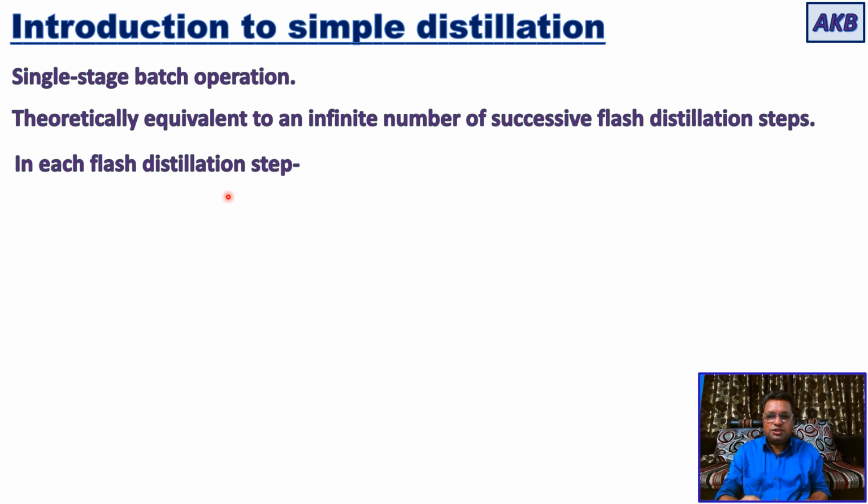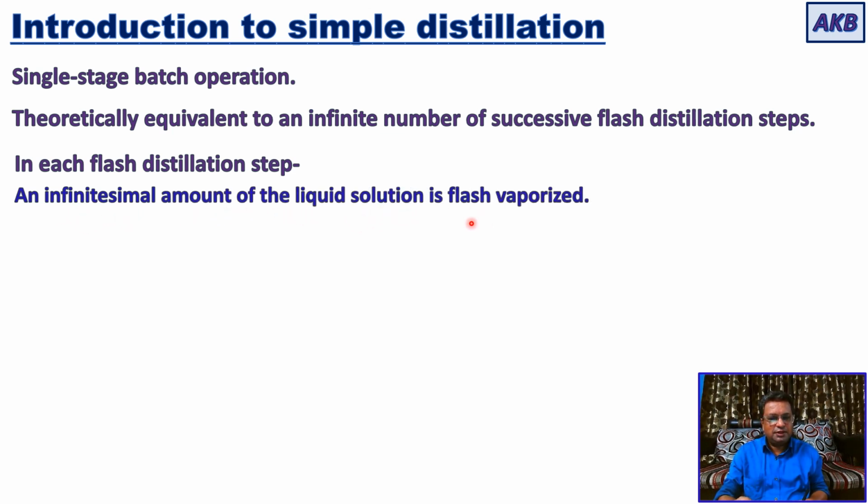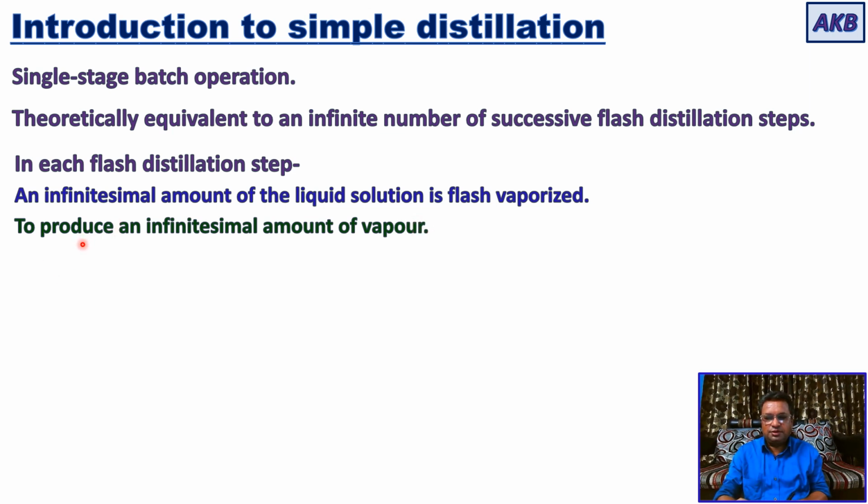Now, in each flash distillation step, what happens? Let us understand. An infinitesimal amount of liquid solution is flash vaporized in each flash distillation step. As a result of this flash vaporization of an infinitesimal amount of liquid, it produces an infinitesimal amount of vapor.